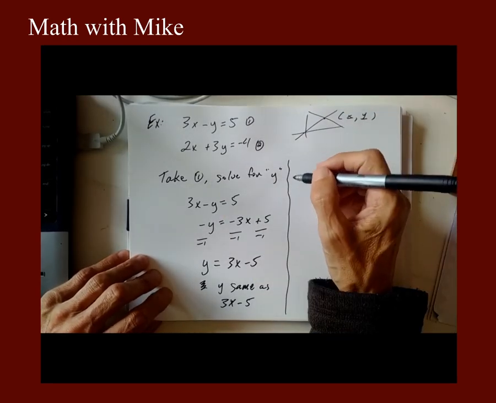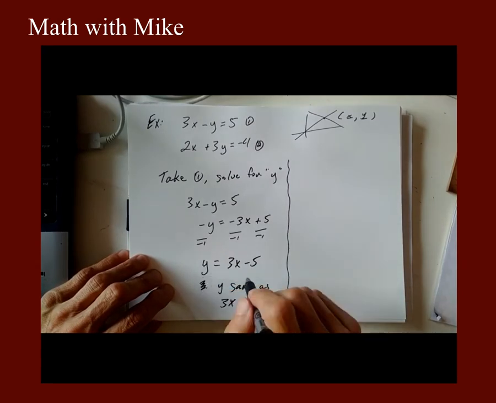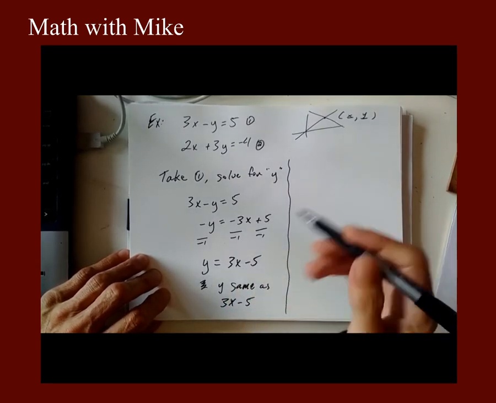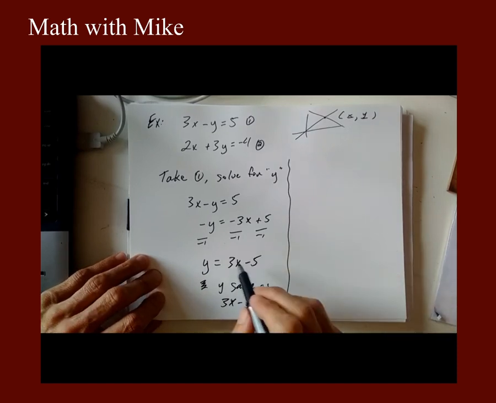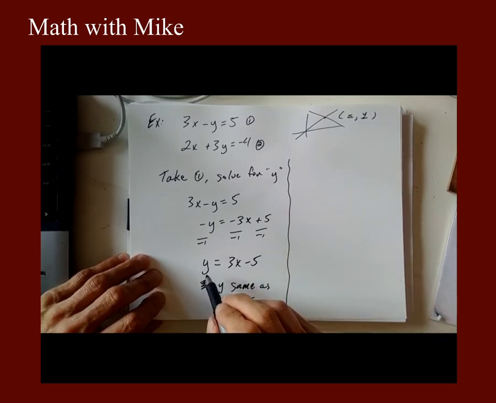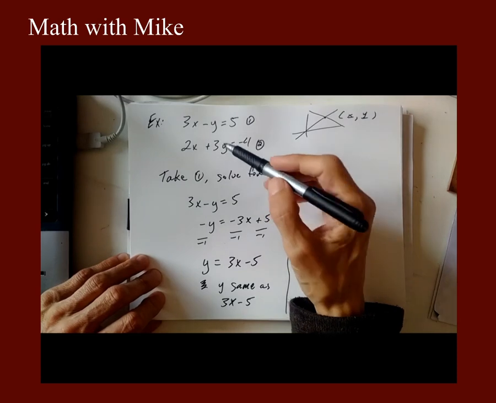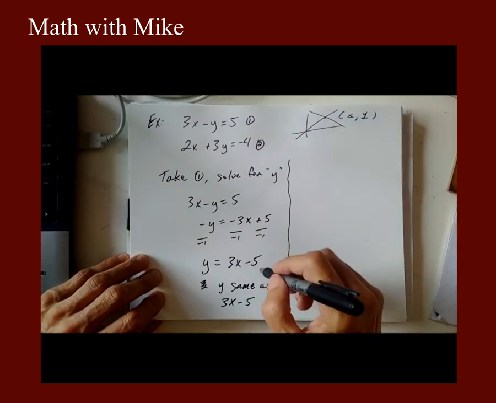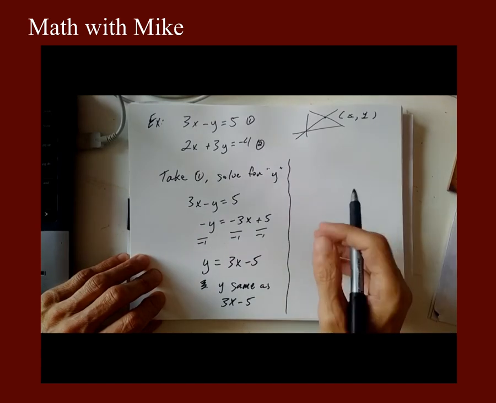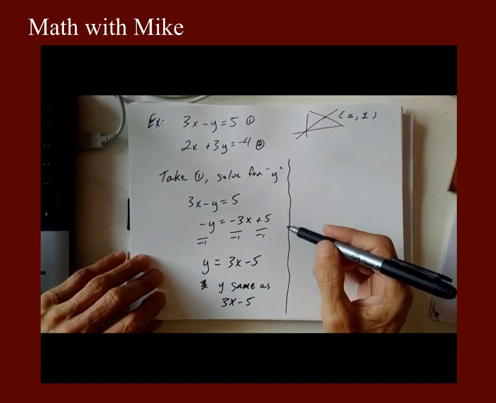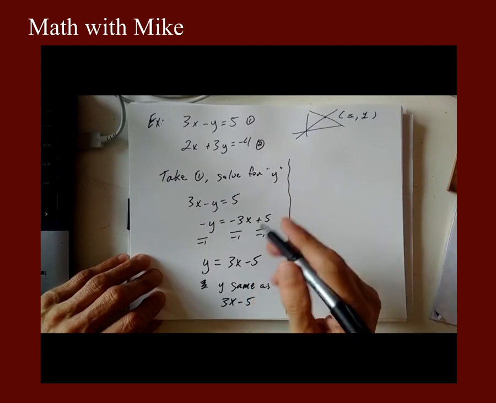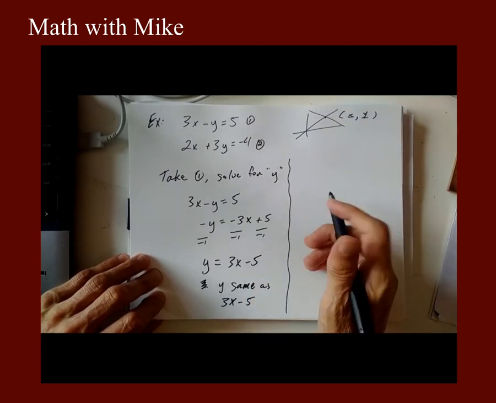So here's what we do. Since y is the same thing as 3x minus 5, or actually, you think about it the other way around, since 3x minus 5 is the same as y, wherever there's a y, we can put this thing in, and it's the same.